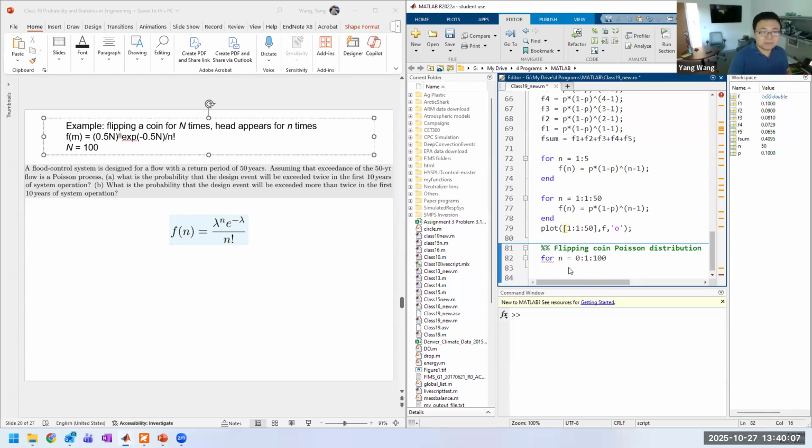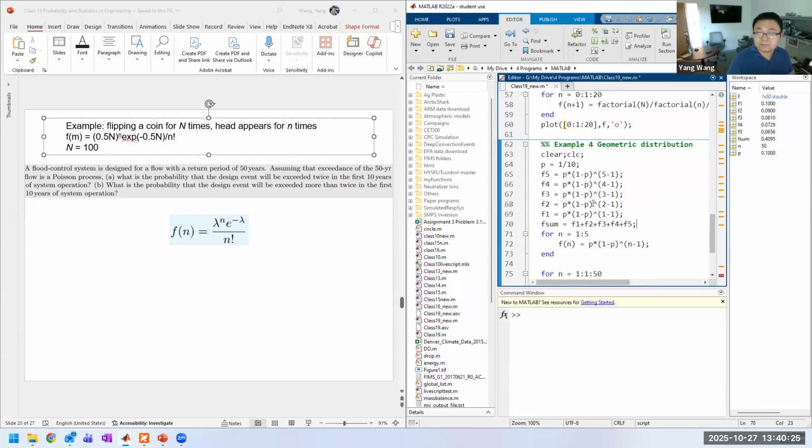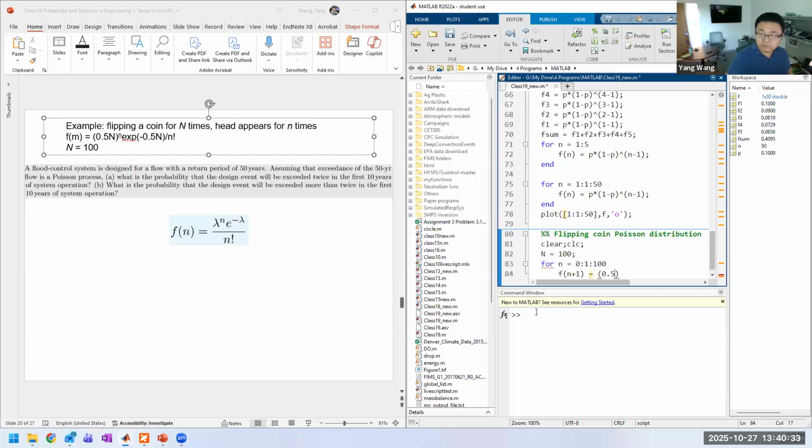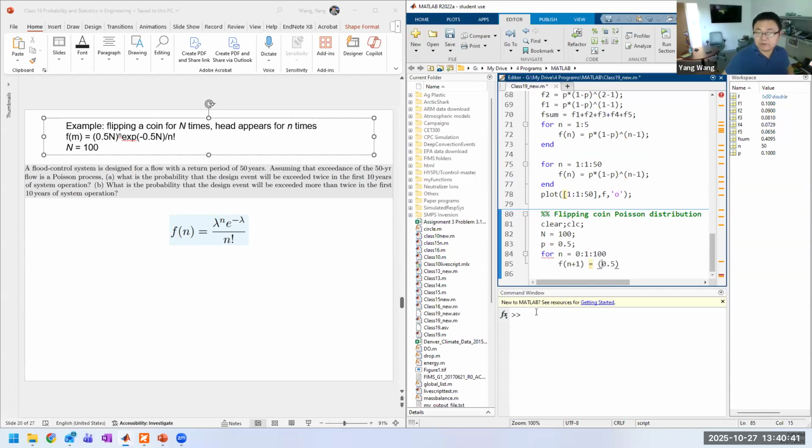So then you can calculate F of n plus 1, which is going to be 0.5 multiplied by N, where we're flipping the coin 100 times. Let's do P; we know it's 0.5 because each time you flip the coin, it's 50% head or 50% tail.